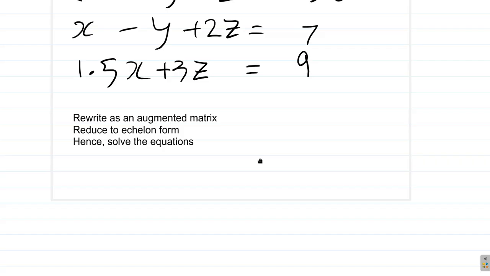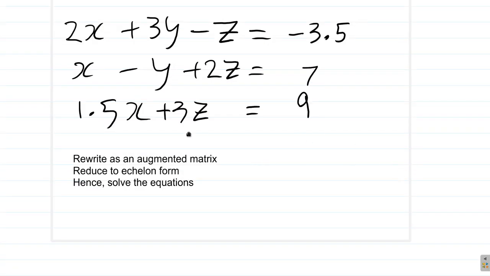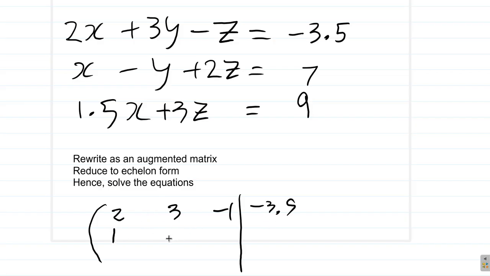So the augmented matrix in a more elaborate form. We're going to have 2, 3, negative 1, and negative 3.5. For the x, we have 1x, negative 1y, 2z, and 7.